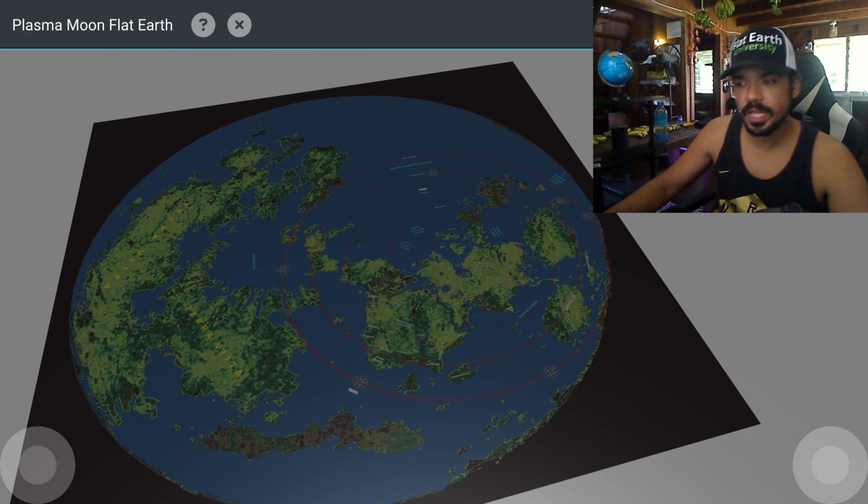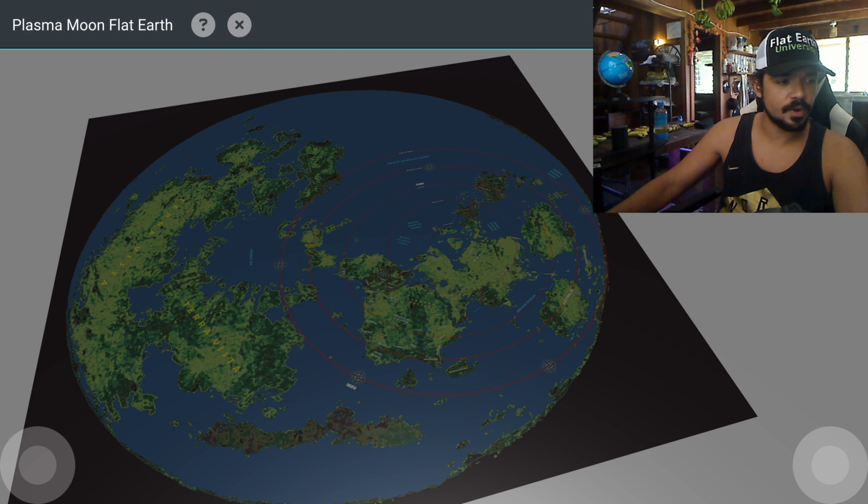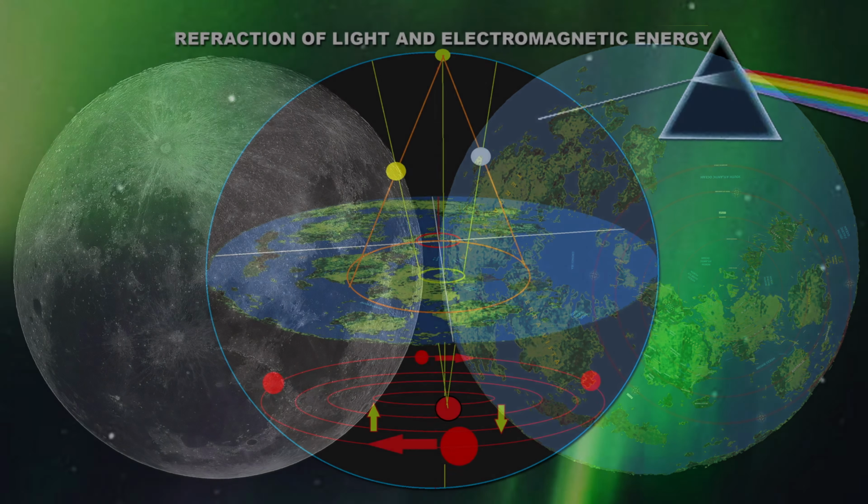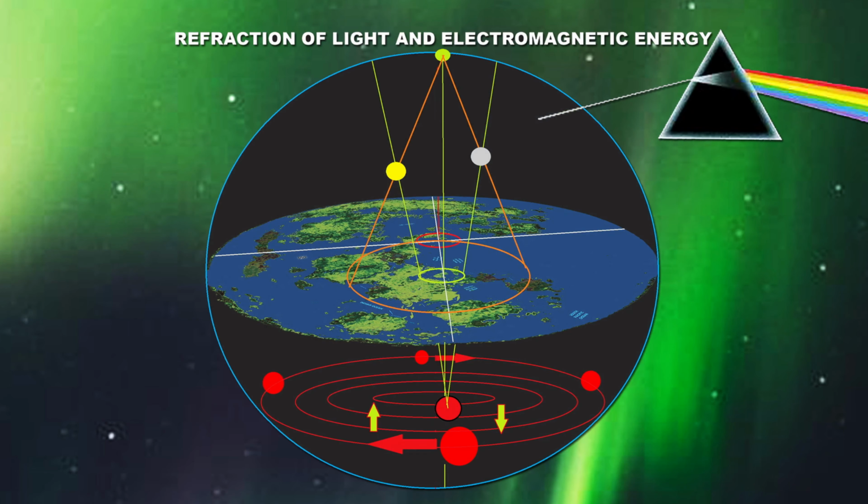What's important, though, to understand on this framework is the reason why we get that side by side photo. Why does the moon seem to have a 1-to-1 projection of Earth? This is from what the theory calls the black sun.